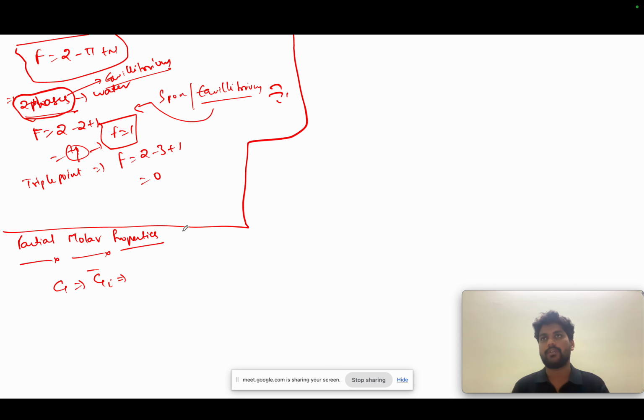In the same way you can have an n component system with different mixtures. And you want to know the property particularly of the ethanol or water, then comes the partial molar properties. So that's why we need to know about G1 dash.